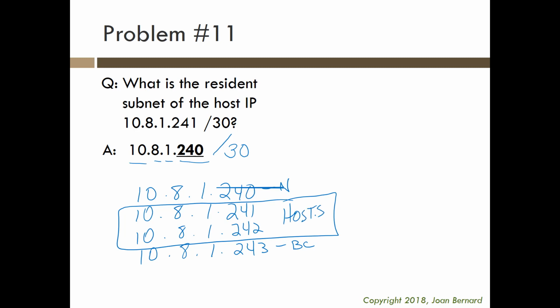And remember, the /30 is the perfect subnet for a point-to-point network where we have maybe router 1 connected to router 2, and one of the interfaces could be assigned the IP address of 241, and the other one could be assigned 242.